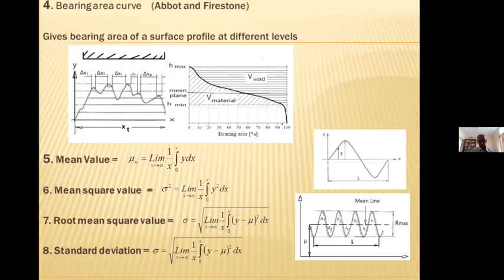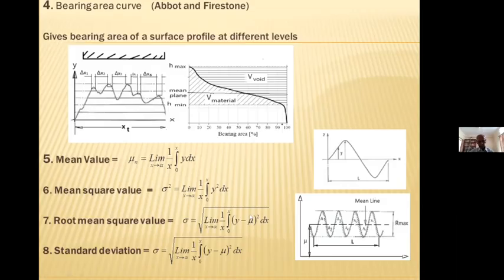But this itself is not much useful from the surface roughness point of view, or even signal analysis point of view. We normally take the root mean square. We take the root of this, and this is useful. Now, the root mean square value that I've shown here is with respect to some mean value.